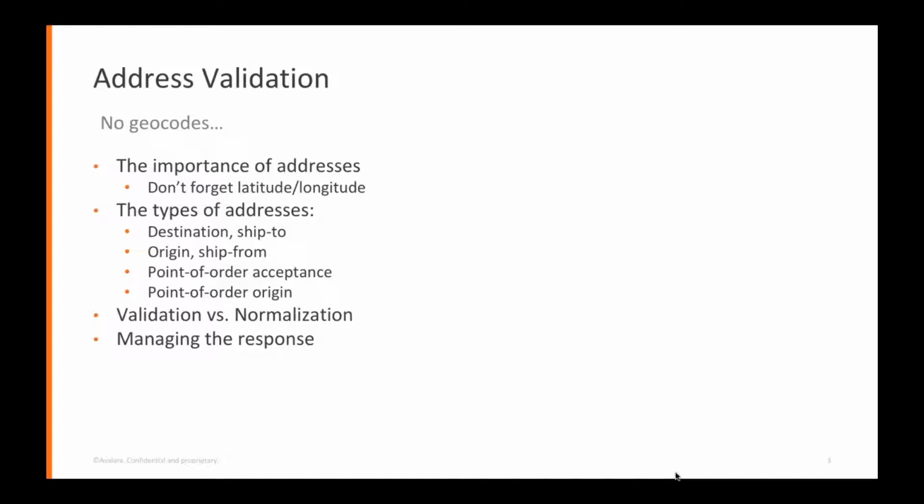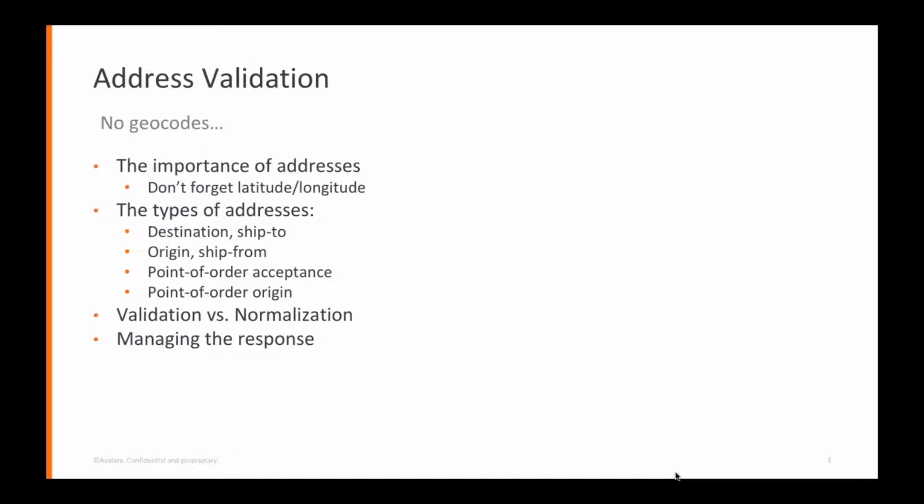So if you think about it, I might have my primary facility where I take phone orders, where I receive faxed orders in Chicago, but I ship from DeKalb, Illinois. So I have a point of order acceptance in Chicago as the seller, and then I ship from DeKalb. And in those scenarios, and in Illinois in particular, point of order acceptance is going to play a part in sourcing the appropriate tax jurisdictions.